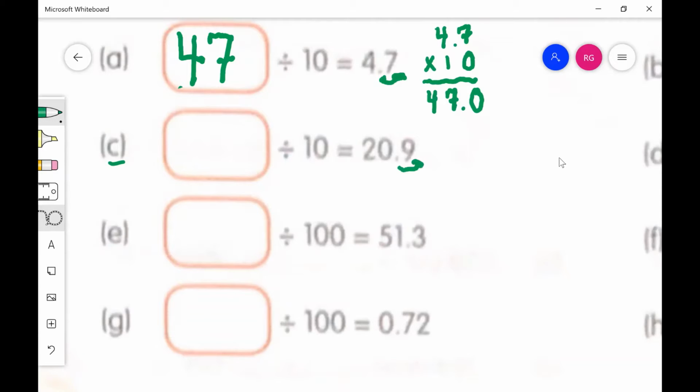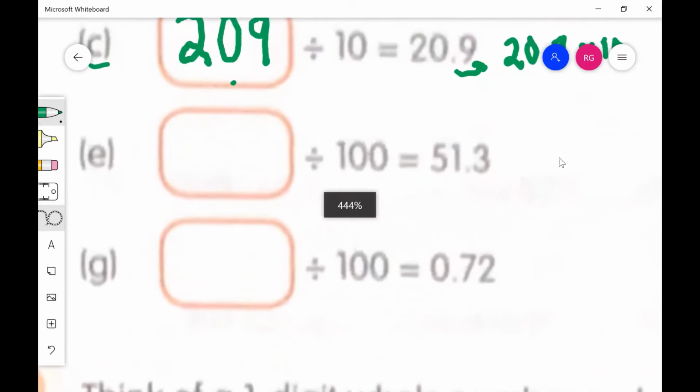Or you could just think of this like moving one decimal place to the right, obviously. So we would say 209 for that one. Okay. So you could really think of this as 20.9 times 10 to get back to here. All right. We're doing the opposite.